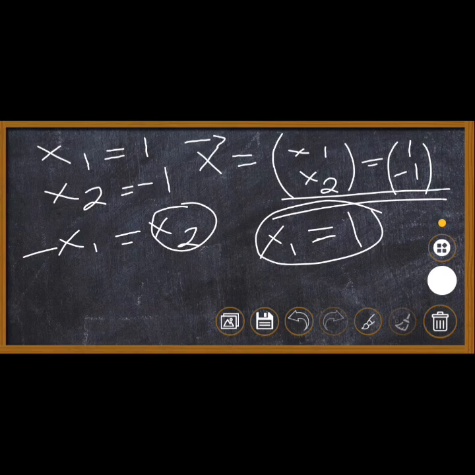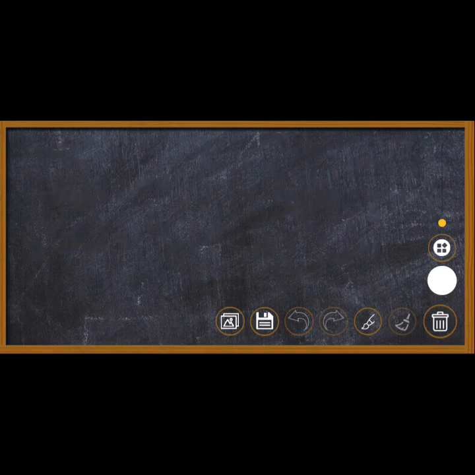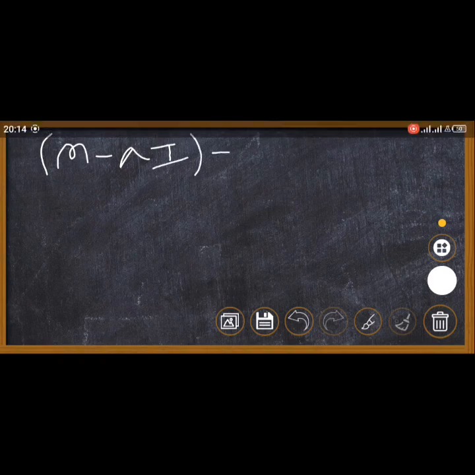So hopefully this video has given you the insight on how to go about this. So remember, to find the eigenvalue, you replace where there is m with this. So let's just give a summary of what this is all about.